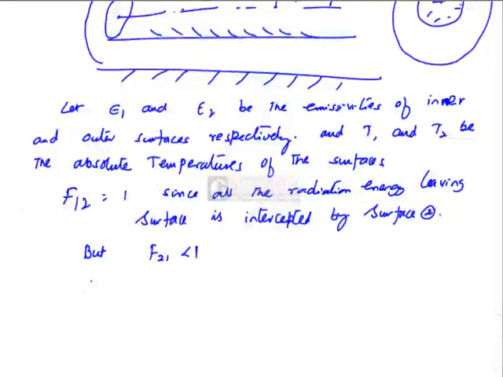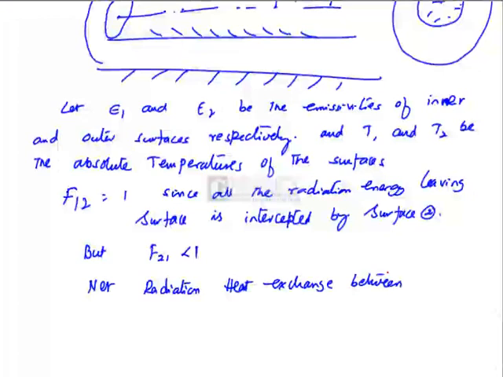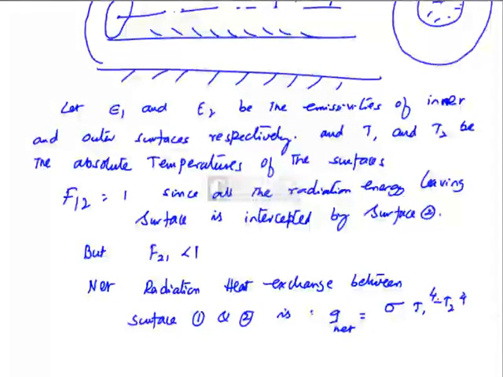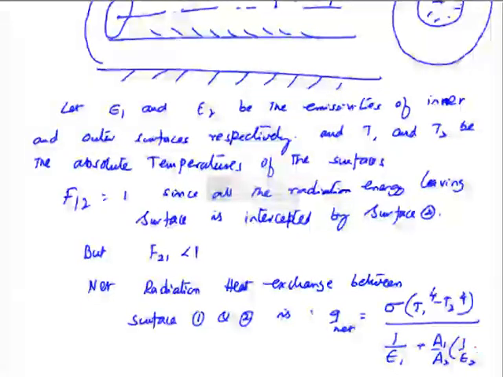In such case, net radiation heat exchange between surface 1 and 2 is Q net is equal to sigma into T1 to the power of 4 minus T2 to the power of 4, divided by 1 by epsilon 1 plus A1 by A2 into 1 by epsilon 2 minus 1, into A1.